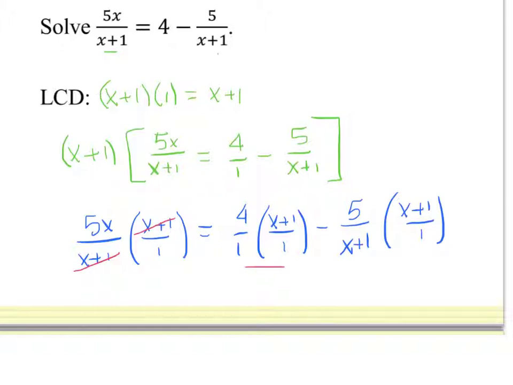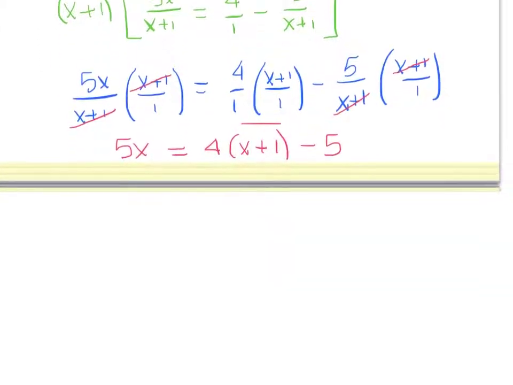Nothing's going to cancel out in this fraction, but I have an x plus 1 here and an x plus 1 here. So when I rewrite everything with what I have left, I see that I have 5x divided by 1 is equal to 4 times x plus 1 minus 5.